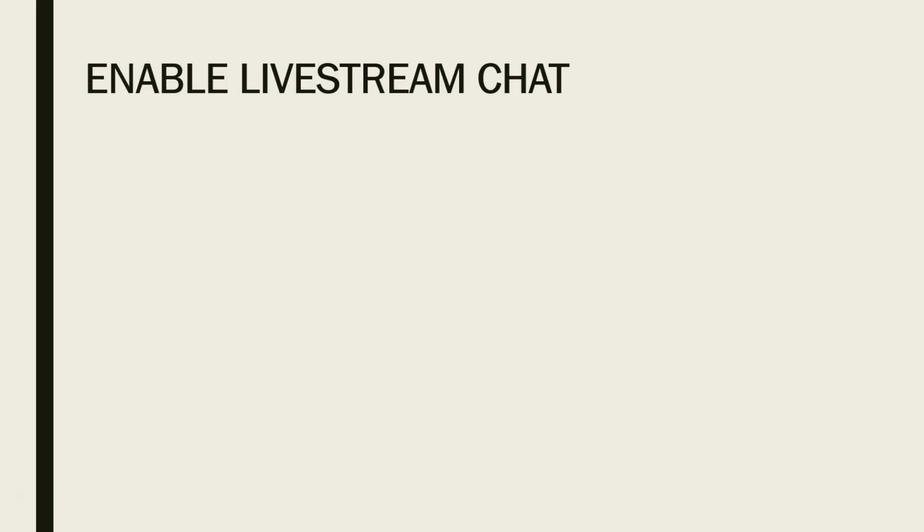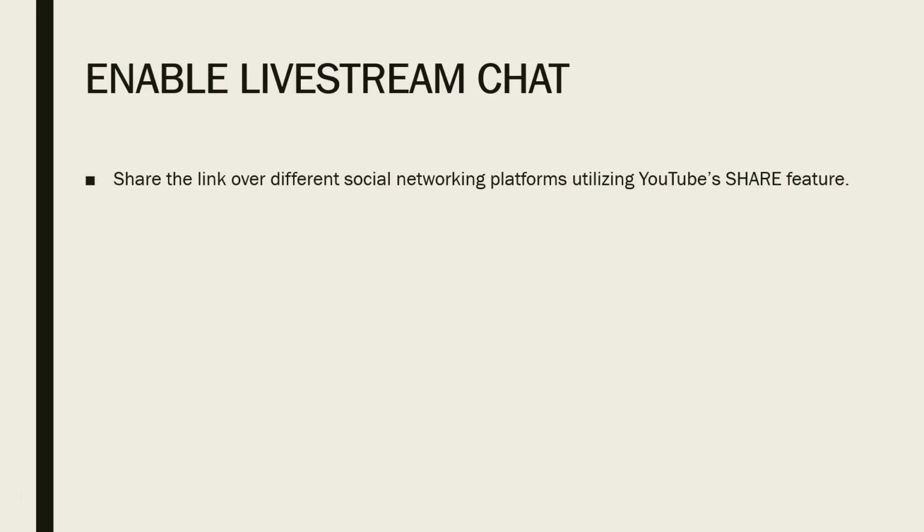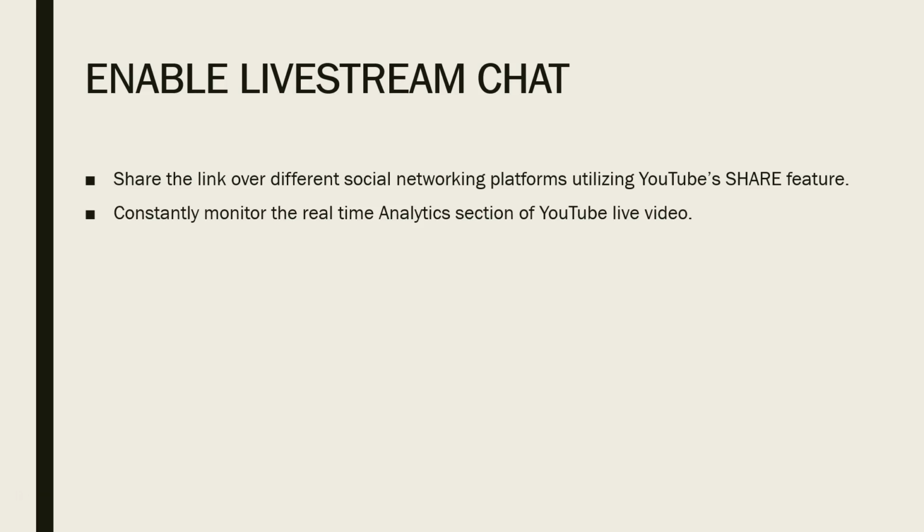Now, how do you enable live stream chat? Okay, so this is another big thing to do with live stream videos. You want to make sure that people are interacting with you. So you want to make sure that you're sharing the link to your live stream to different social media networking platforms utilizing the YouTube share feature.